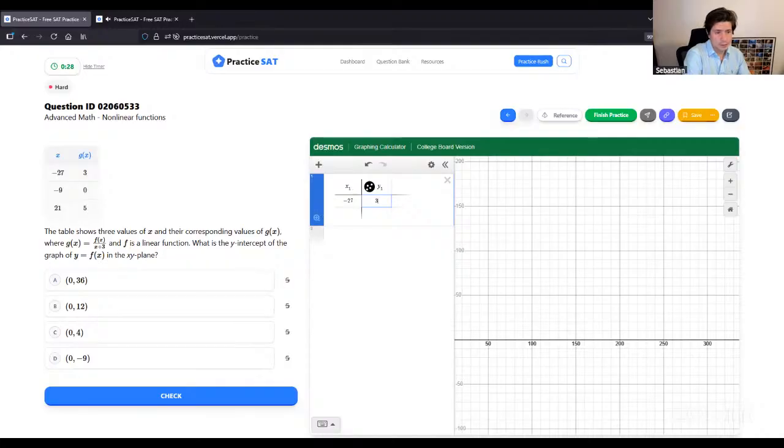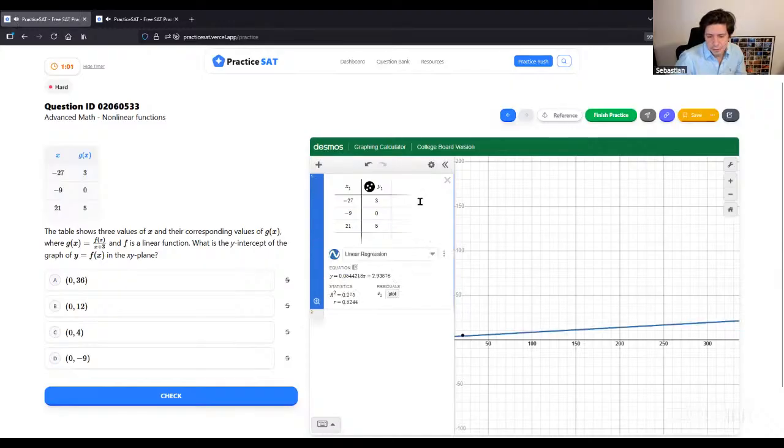I'm honestly not great at just doing this, but let's see what we get. f is a linear function. This is g of x. What is the y-intercept of the graph? Also, by doing this, I mean plugging into the graph. So what do we got here? We can get a regression value. Okay, that's not very helpful.